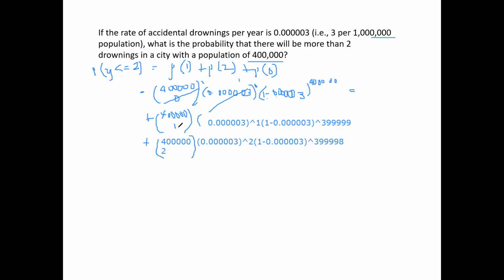So 400,000 of 1 multiplied by 0.00003 raised to 1 multiplied by 1 minus 0.00003 raised to 399,999. Kasi 400,000 minus 1. Sa pangalawa, 400,000 of 2 multiplied by 0.00003 raised to 2 multiplied by 1 minus 0.00003 raised to 399,998. Kung yan ay binomial distribution ng computation.